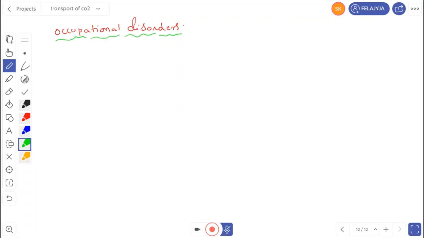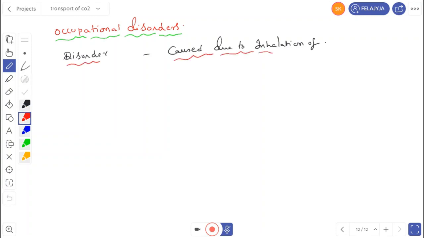Here we can see the name of the disorder and the cause, due to inhalation of what. Why is this disorder caused, by inhaling what? That is a very important point.